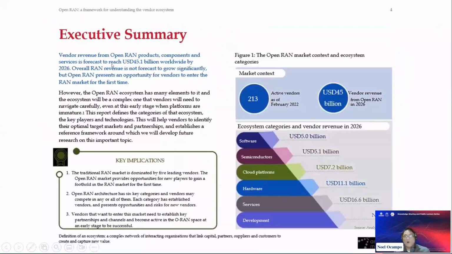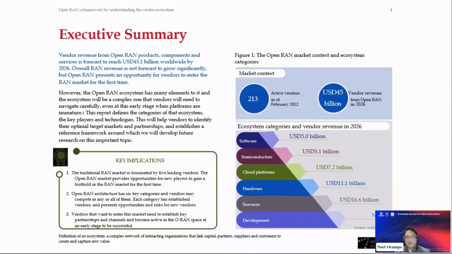So to give you an overview of the actual monetary value of each of the 6 categories in terms of dollar figures, as you can see, number 1 or top of the list would be software. That would be about 5 billion US dollars, right?